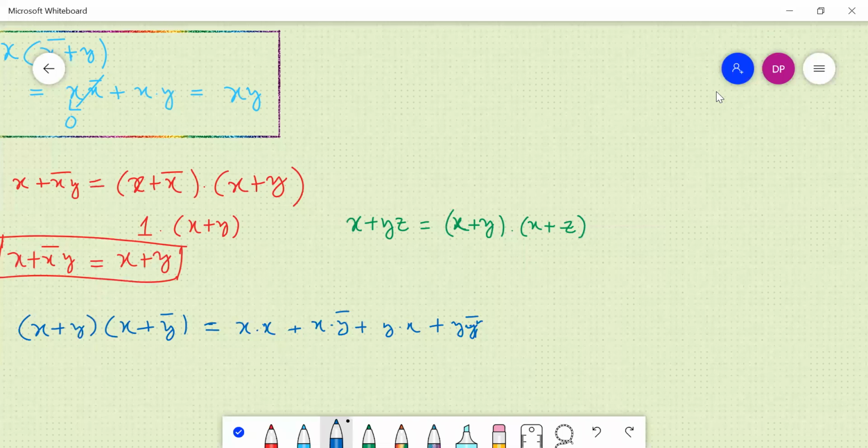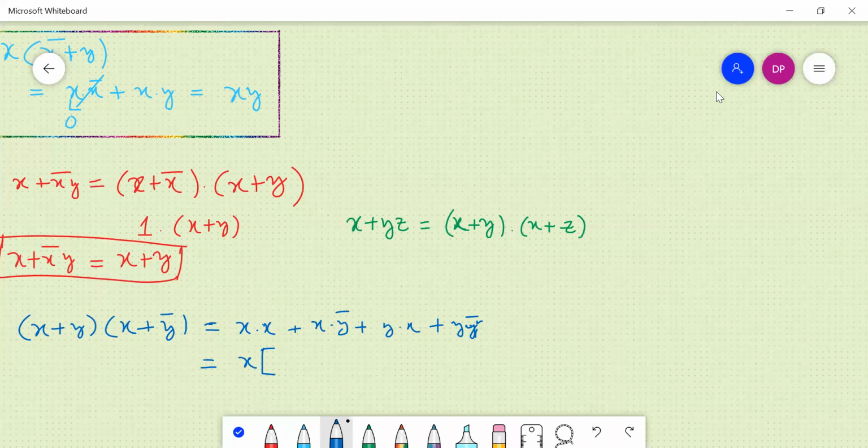And what will be x dot x? x. So let me write it like this. This is x. Taking x common, y plus y bar.